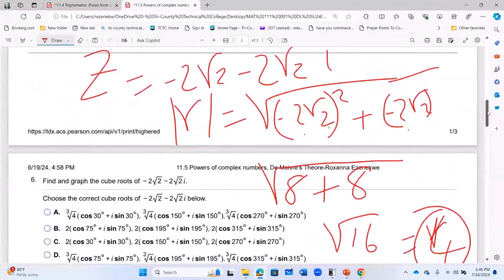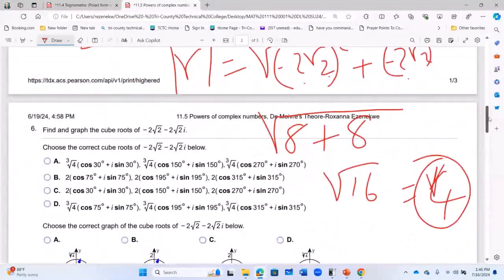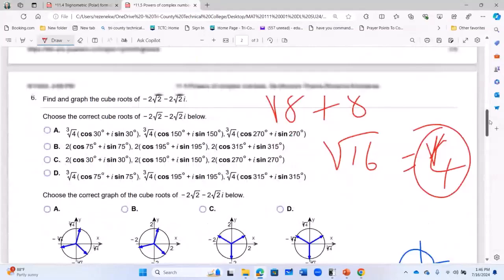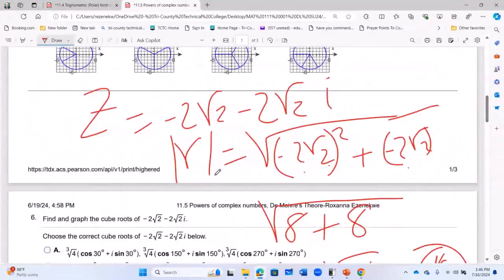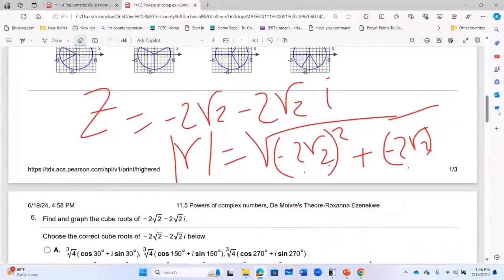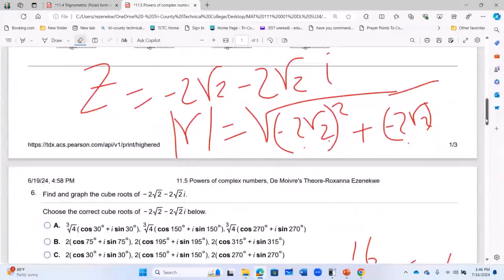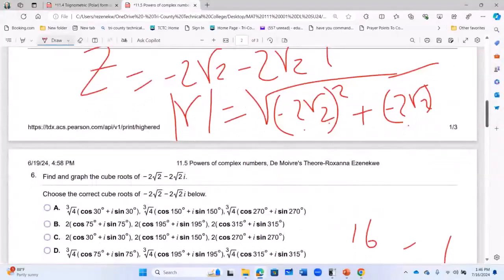So we got the modulus, and so let's get the angle. I want to use arctan. First of all, you notice that this angle, if I draw quickly, I'm going to put that vector up. That angle is negative, negative, so it is somewhere in the third quadrant.